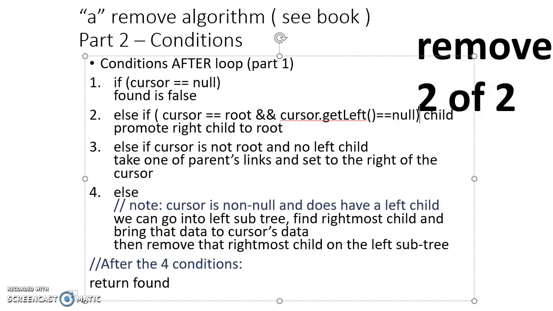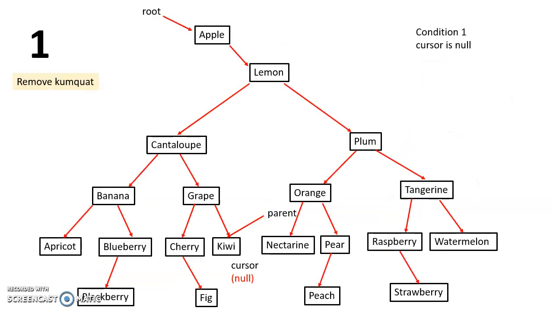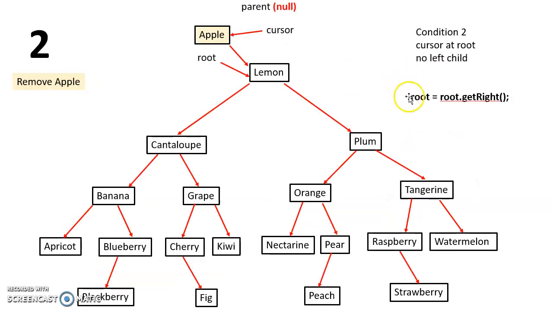That's the Java version of this pseudocode here. So this else statement here is if cursor is root and the left of cursor is null, then we can promote the right child to the root. We can promote the right child to the root, which is this little bit of text that I have here.